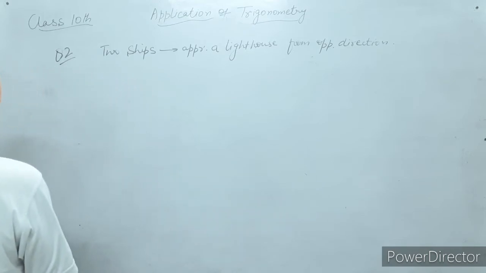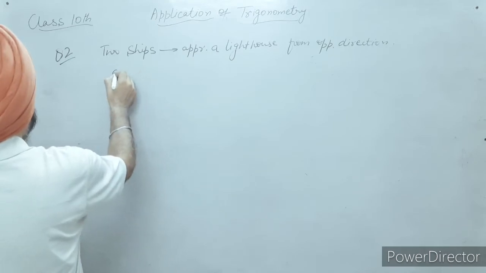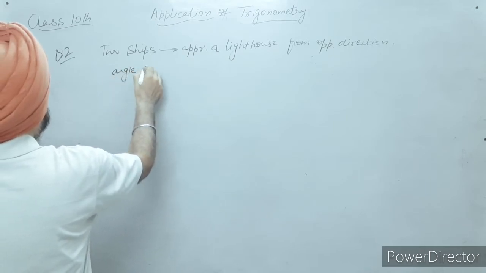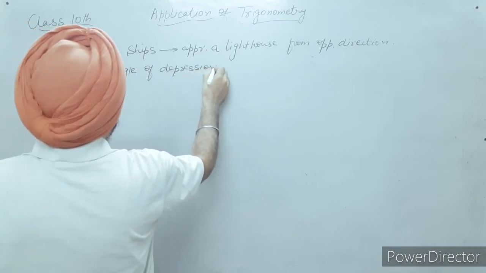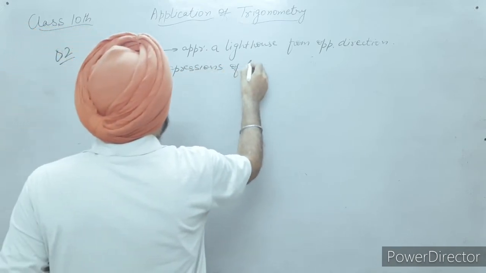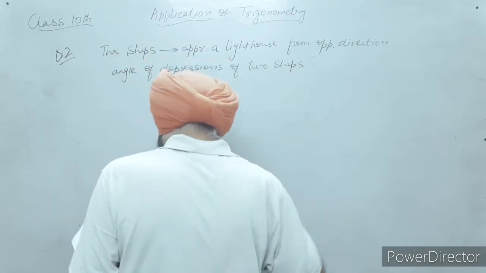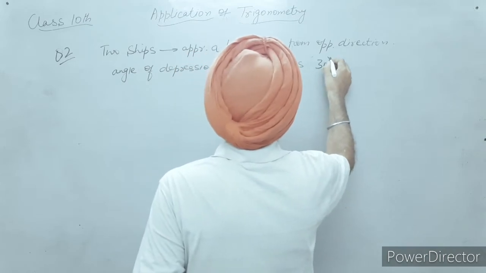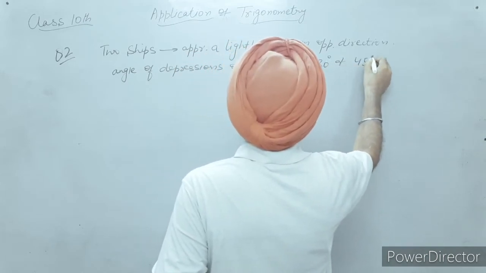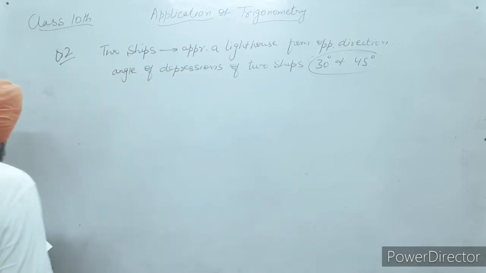The angle of depression of two ships from the top of the lighthouse is 30 degrees and 45 degrees.